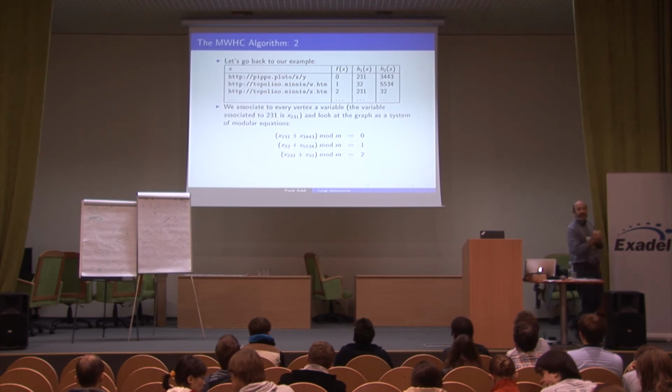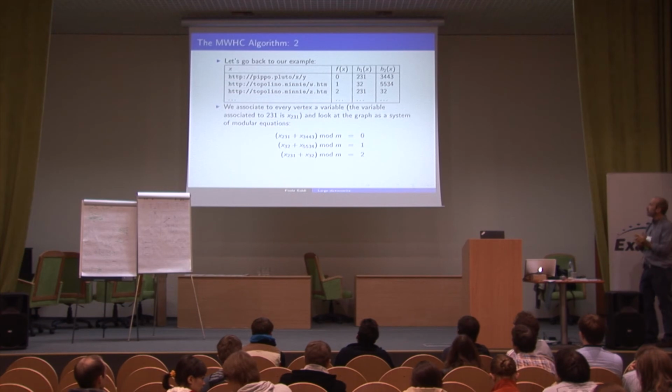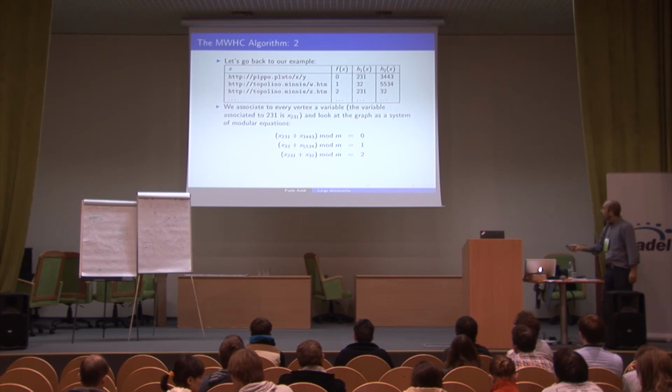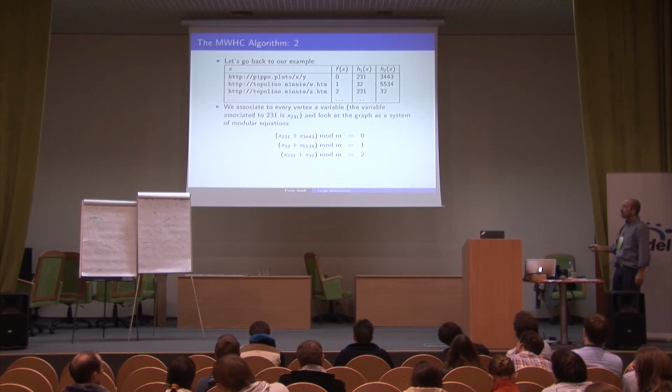And you transform this graph into a set of Diophantine equations. You have one equation for every string, and the equation is the one that you see there. So the equation corresponding to this string is x231 plus x3443 modulo m equals 0. You have a set of equations.